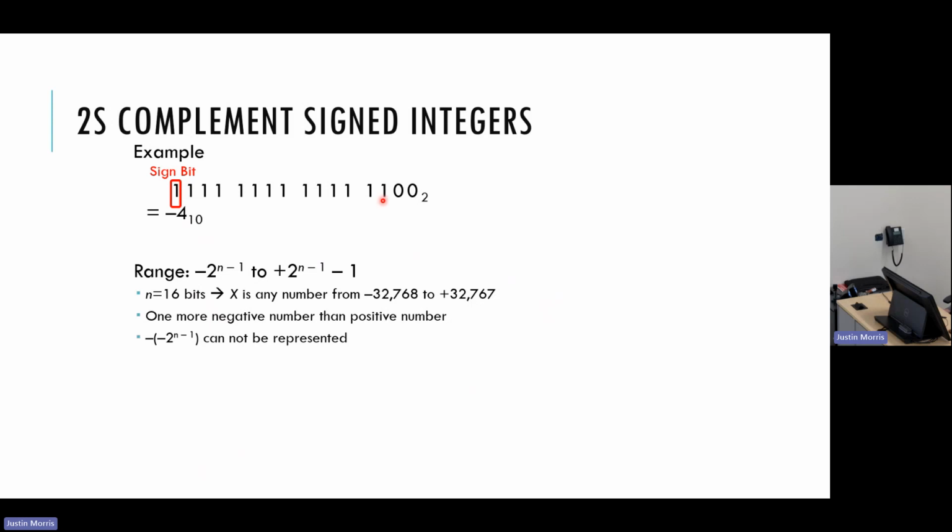And then 1 plus 0 is 1. So you get 1, 0, 0 in the end. And 1, 0, 0 is 4, right? So that's how you would negate. So you figure out what the negative representation is by negating it. And to negate it, you flip all the bits, add 1.